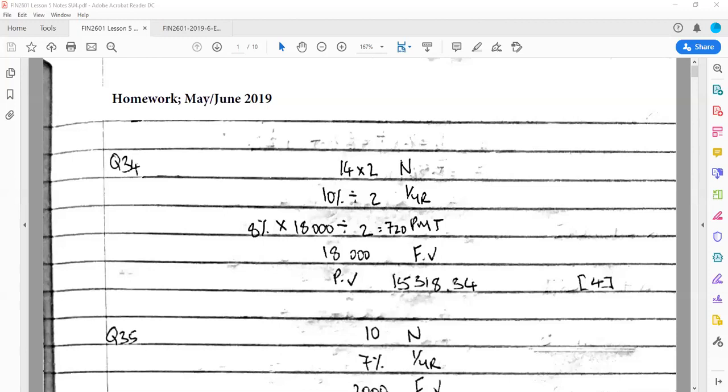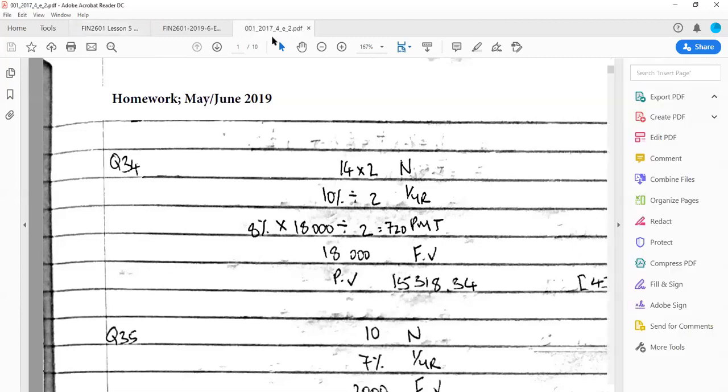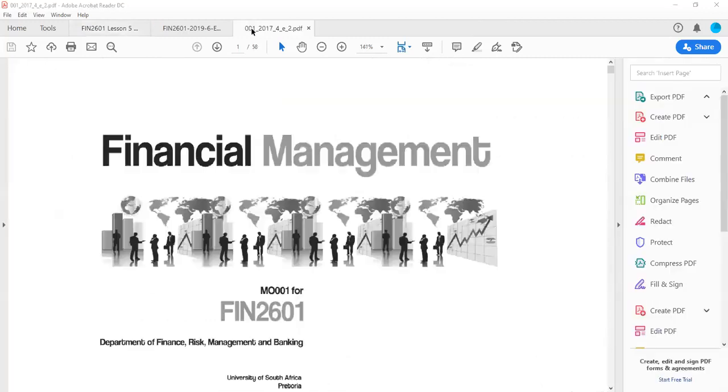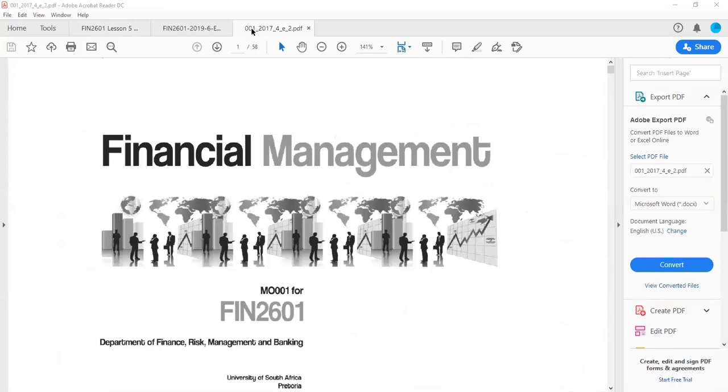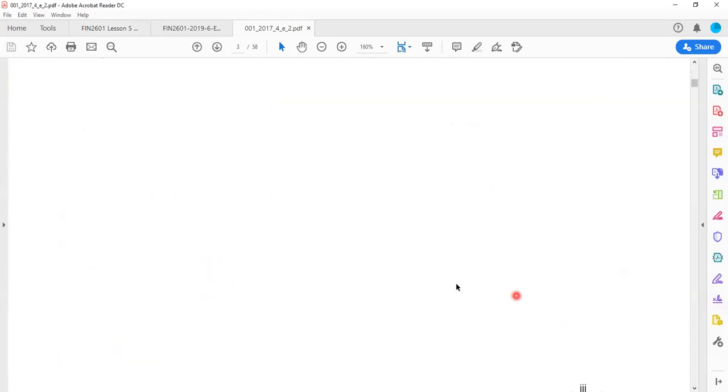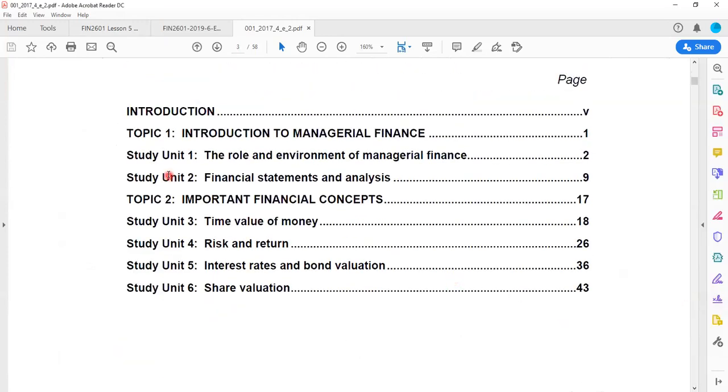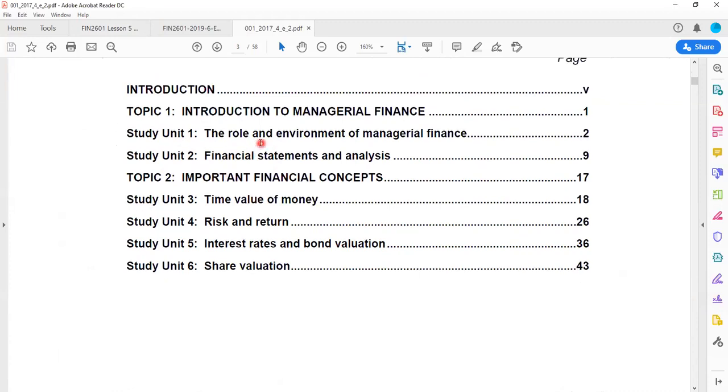So we've been going through this module, and to date we've covered some key study units. We've looked at study unit 1, 2, 3, and 5. We briefly talked about an introduction, the role and environment of managerial finance.